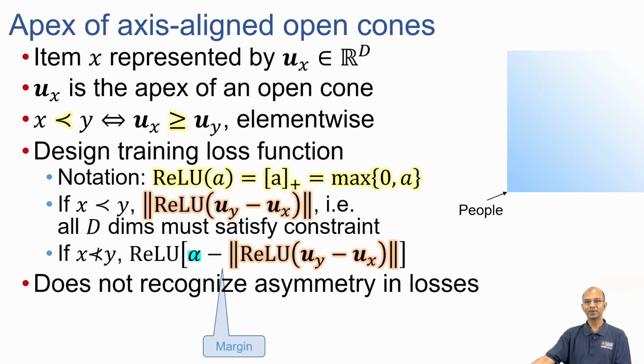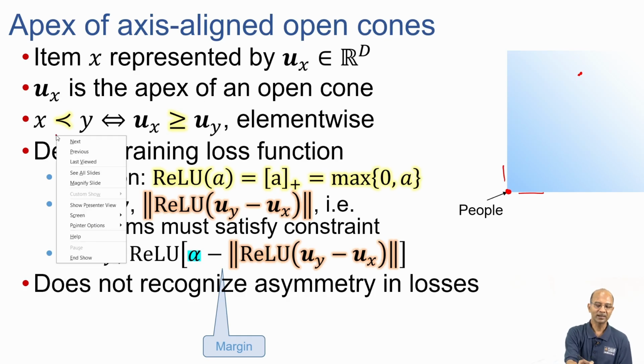For example, people can be represented by this particular apex marked by the red dot, and every point which has its x or y coordinate greater than that apex is supposed to be a person or an instance of people. So, x is a descendant, right?